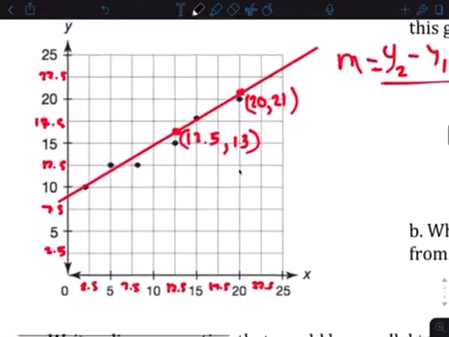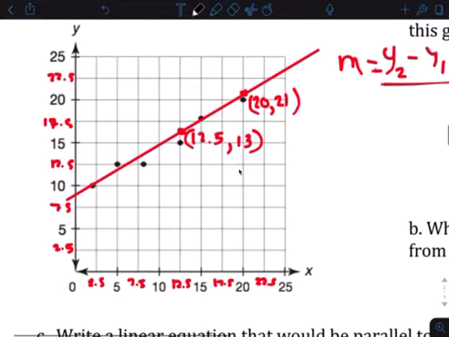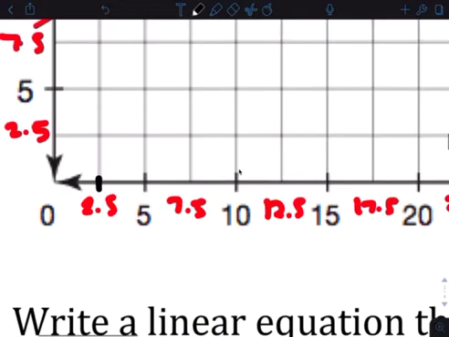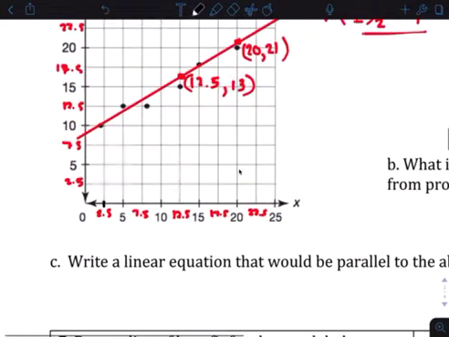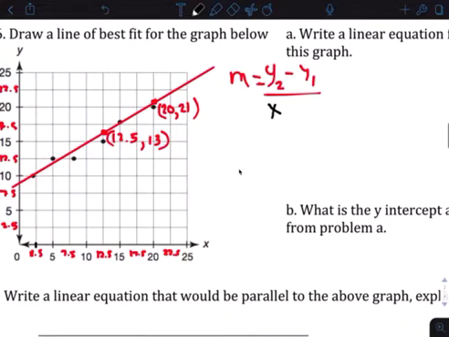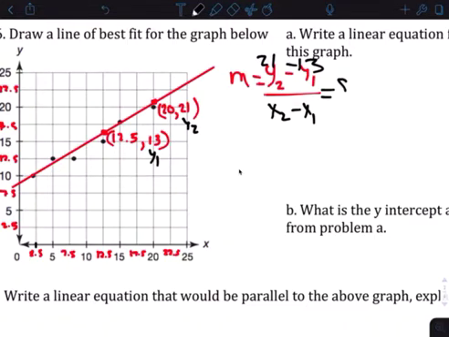Same thing here, depending on which one. A lot of students have a hard time knowing what these numbers are, so it's going by 2.5 here. So y sub 2 minus y sub 1, 21 minus 13, which is 8, over 20 minus 12.5.